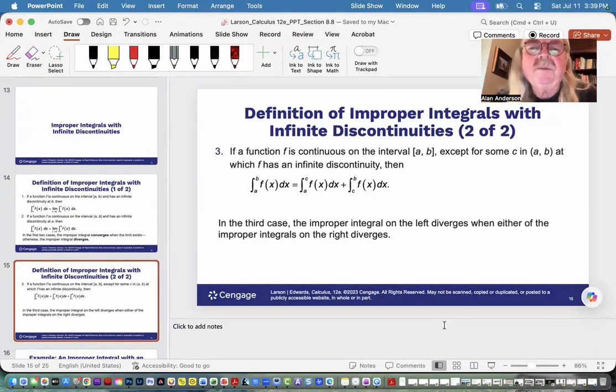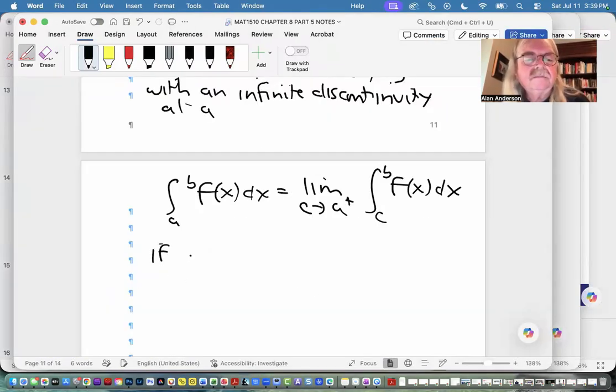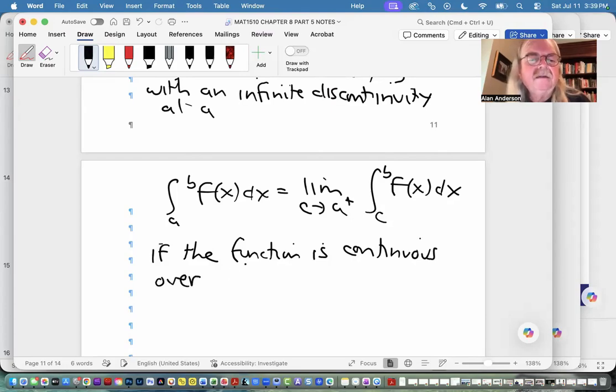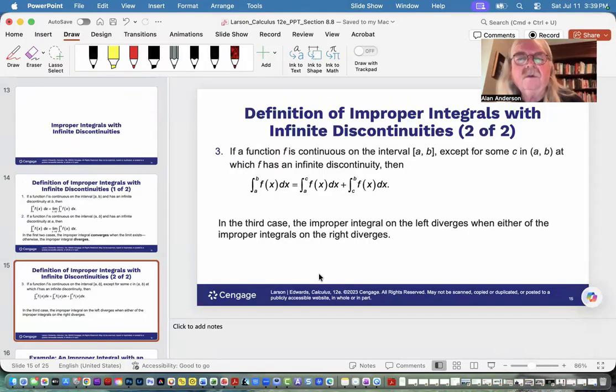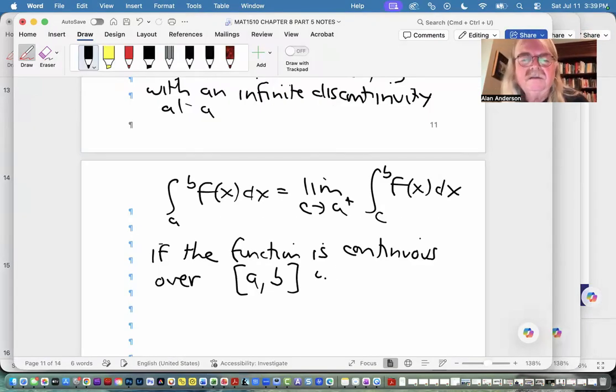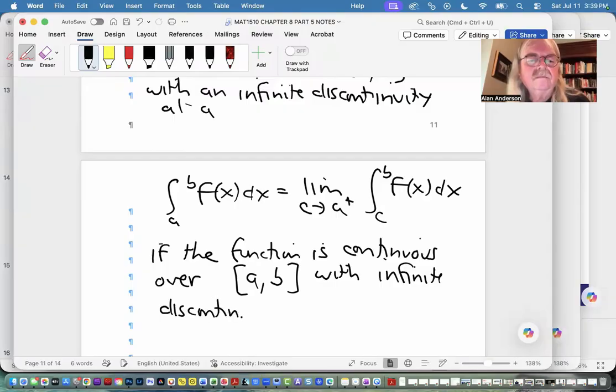Oh, and just like before, we can break it up into pieces. It's continuous over a to b, but there's some c in that interval at which there's an infinite discontinuity, where it's understood that c is part of this interval.